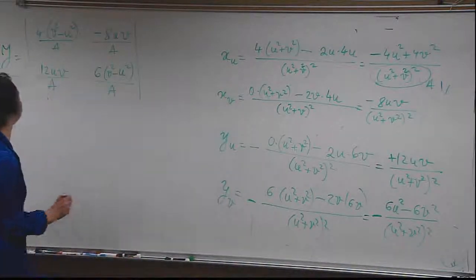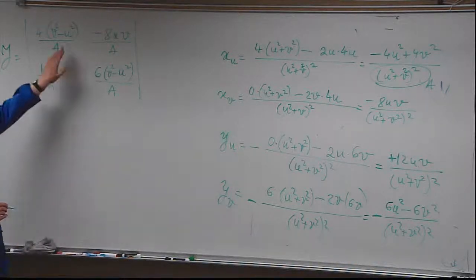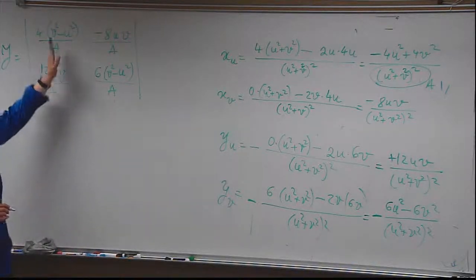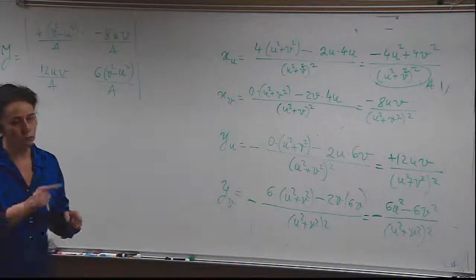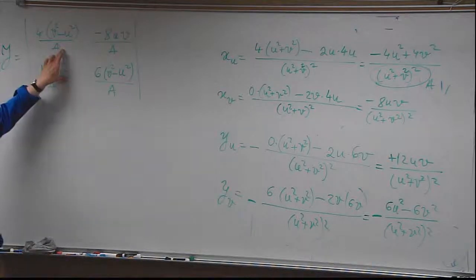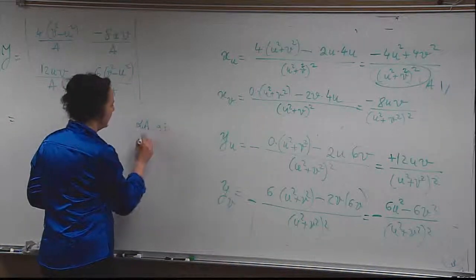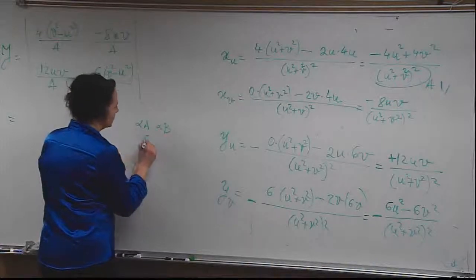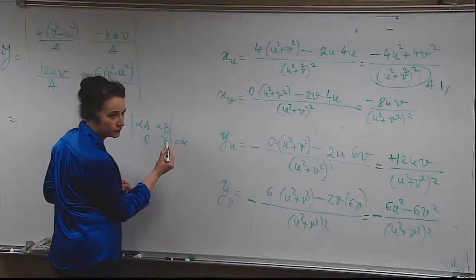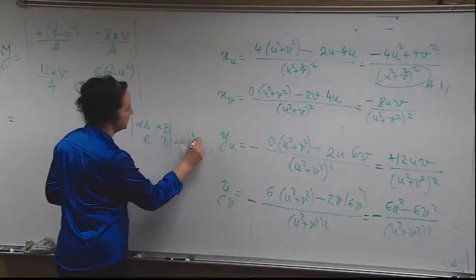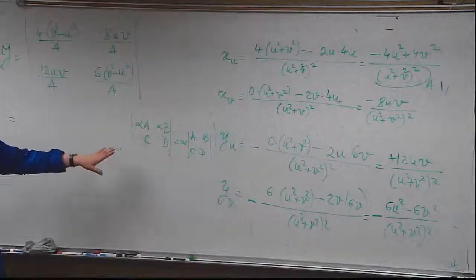Now, do you guys know what happens when you have something like that? A determinant has one line multiplied or a column multiplied by a number. If you have alpha A, alpha B, and C and D, the determinant of that is alpha out, A, B, C, D. They assume you know this from high school, but I know very well that many of you don't.